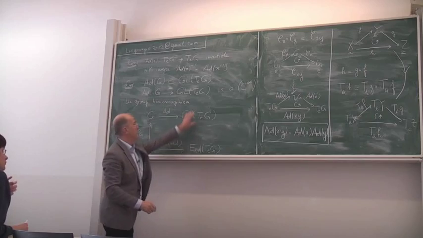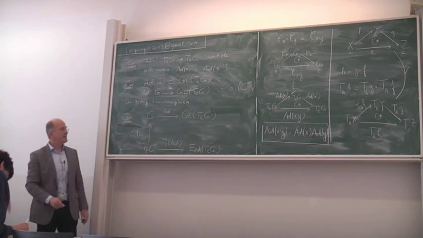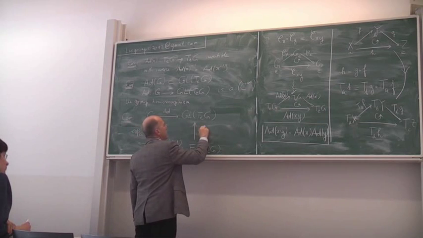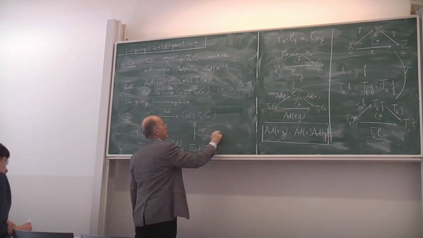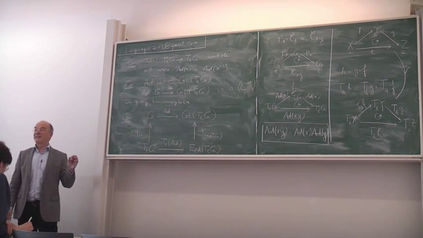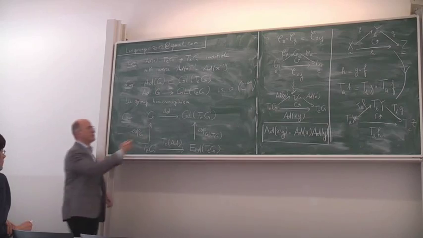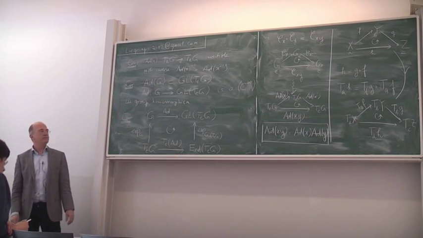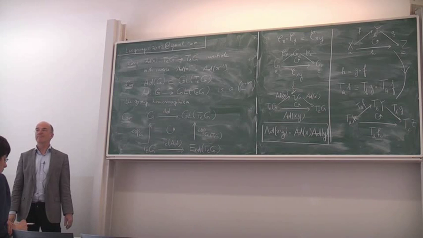This was the tangent space of that at the identity element, and now we should take the exponential map of this general linear group. So this is the generality. Okay?